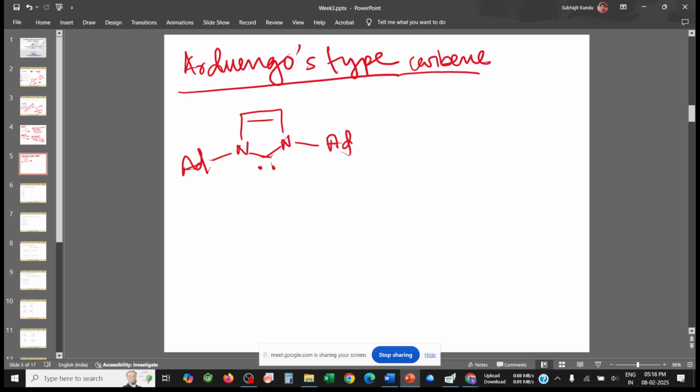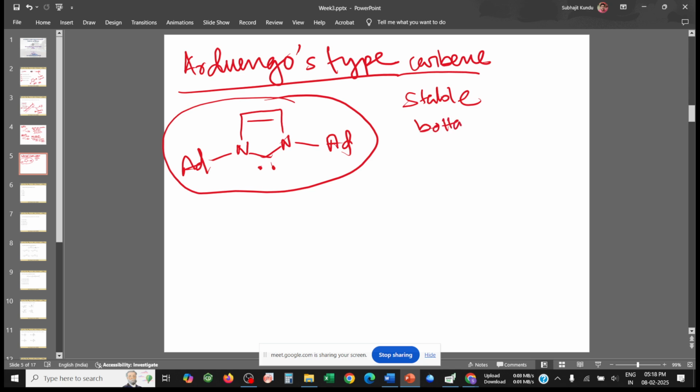This Arduengo carbene is so stable that it is portable, and it can be crystallized, so you can see that carbene.